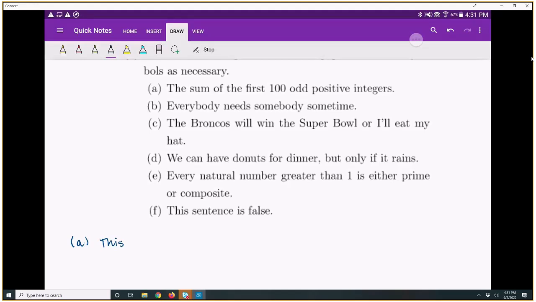We can't say it's true or it's false. The sum of the first 100 odd positive integers would just give you a number, so we can't assign a truth value to a statement like this.